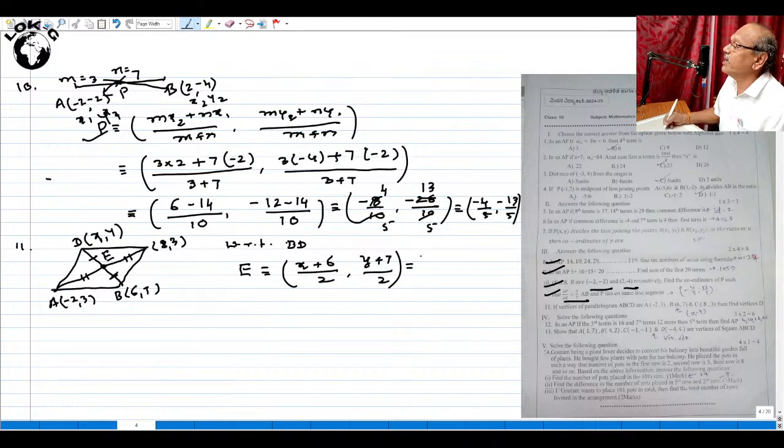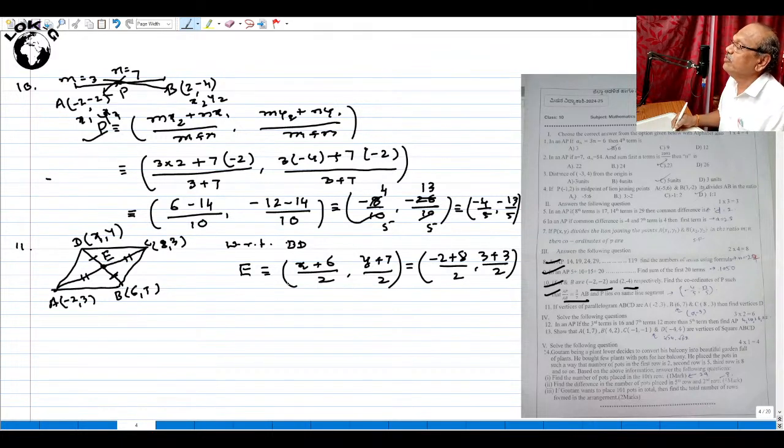That will be the same as the midpoint of AC. Midpoint of AC, you know, X1 plus X2 upon 2, again we will apply. Minus 2 plus 8 upon 2. Then Y1 plus Y2 upon 2, you have 3 plus 3 upon 2.